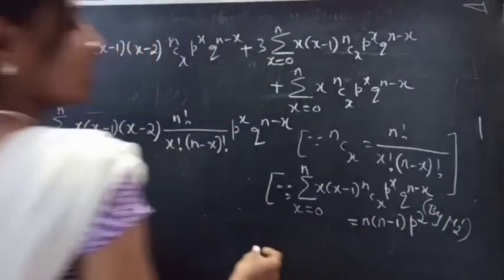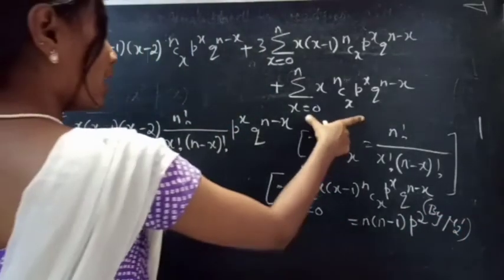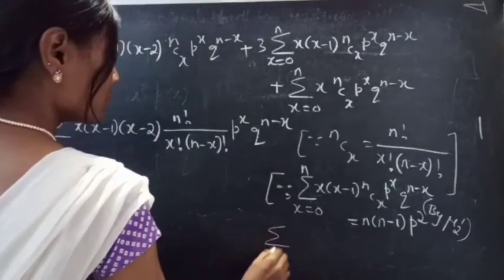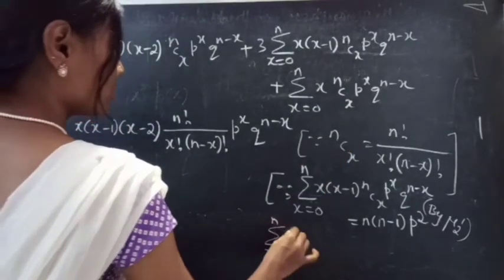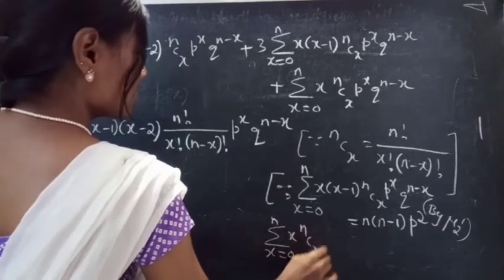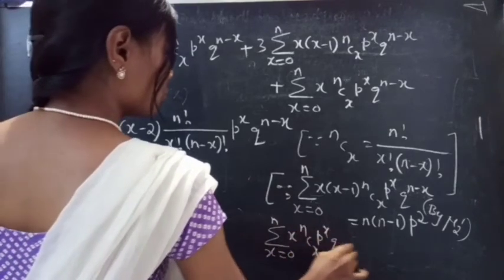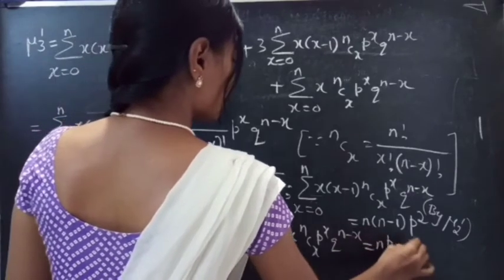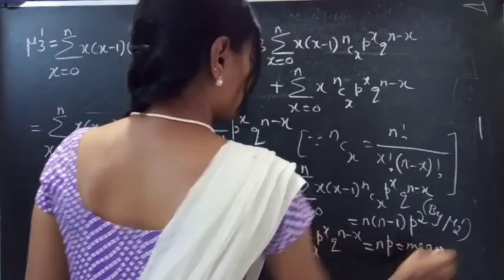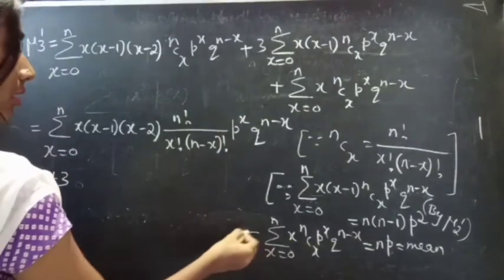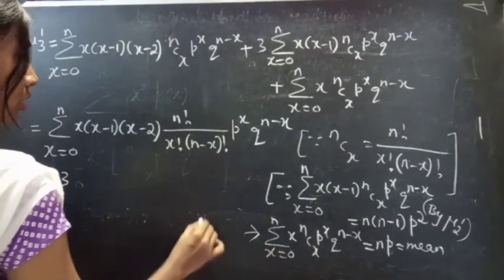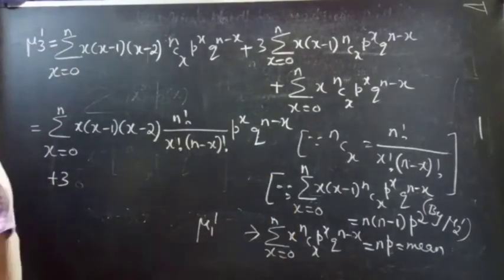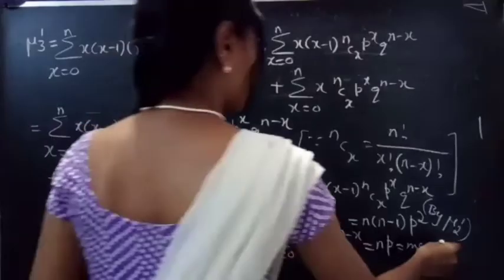fine. And also you have summation x equals 0 to n x into nCx into p power x into q power n minus x equals n into p, which is mean. Okay, so this is by mu1 dash, the first moment.